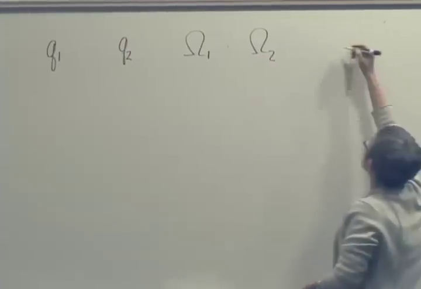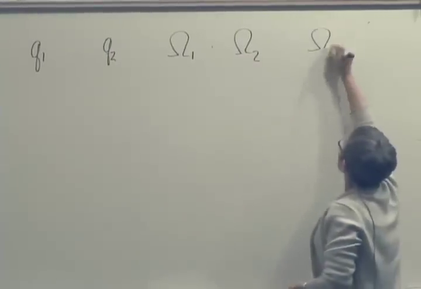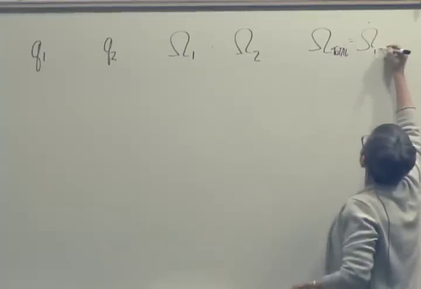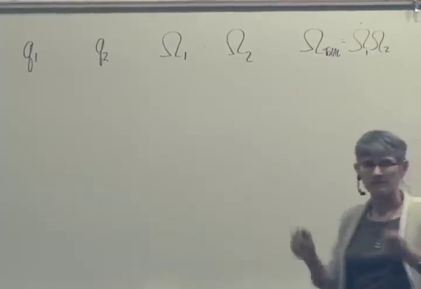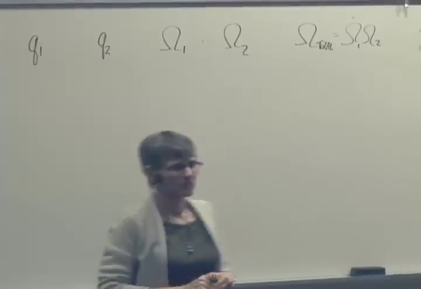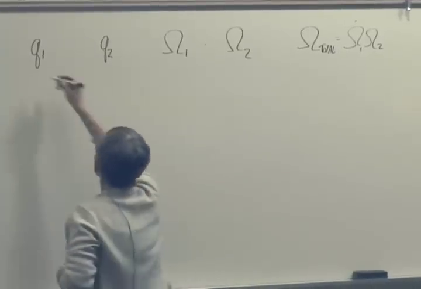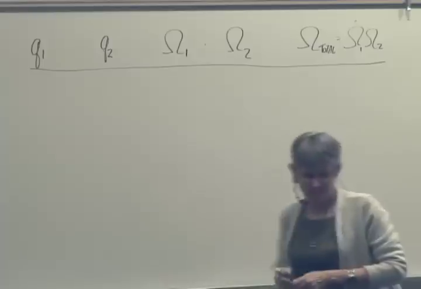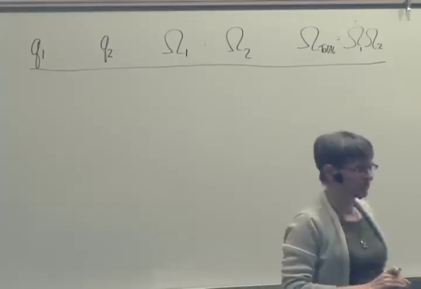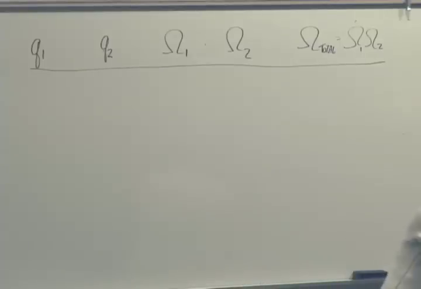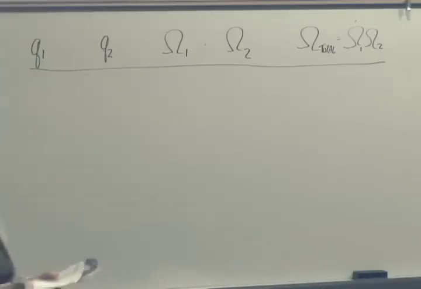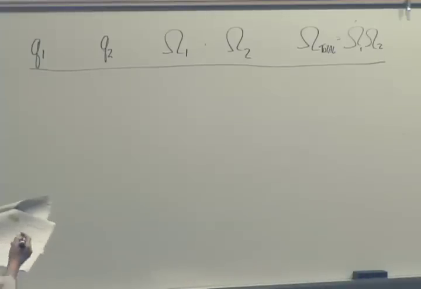And then we're going to take omega total, which is the product of those two. And we're going to make a histogram, a bar graph.